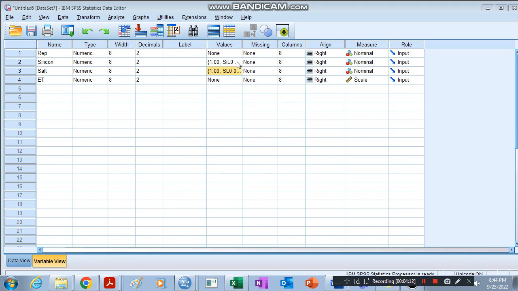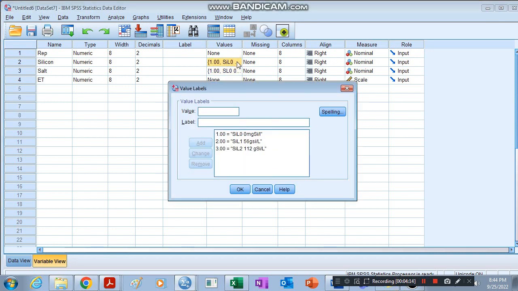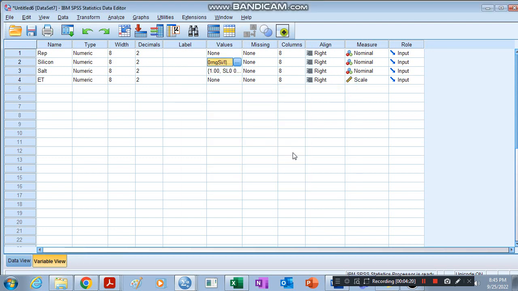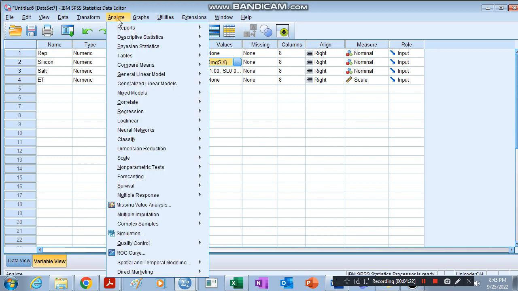Then after writing the numbers which represent the different levels of silicon and salts, we directly go to Analyze, General Linear Model, then Univariate, because we have just one dependent variable, which is evapotranspiration.